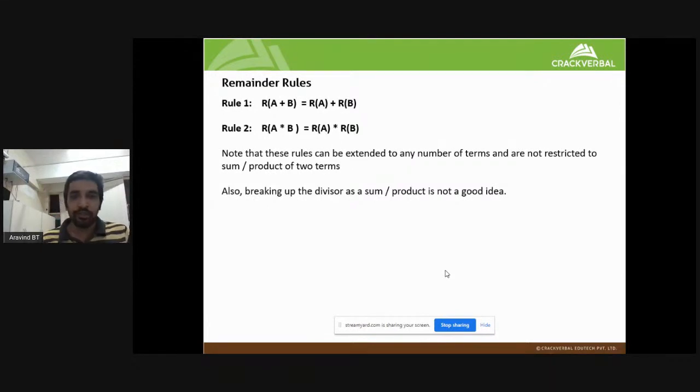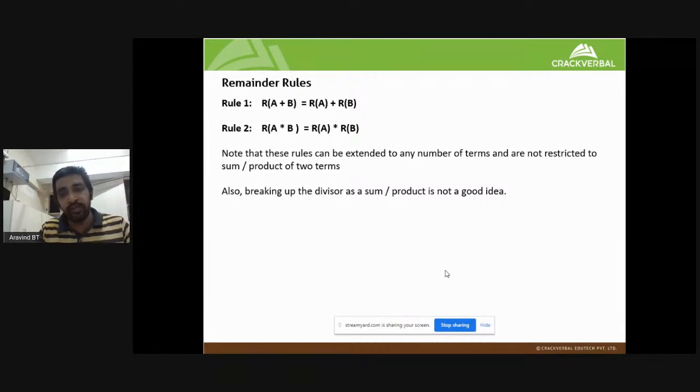All right. So, summarizing what I had to say over the last 10 minutes or so, the Euclidean division algorithm forms the crux of our discussion of remainders and divisibility. It helps you frame an equation which will help you solve remainder problems in a lot of cases. Remember that the remainder and the quotient can be zero. Remember that the remainder will always be smaller than the divisor, right?